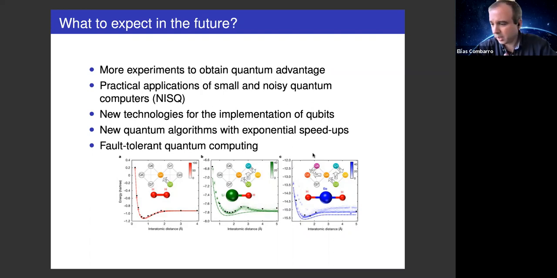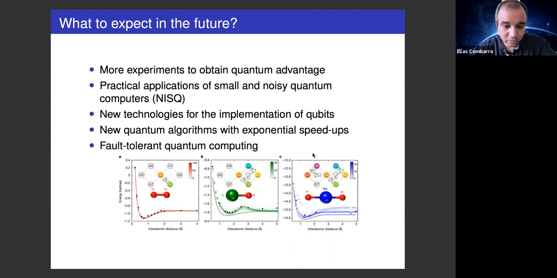Well, of course, what we need is first to obtain more evidence of the advantage of quantum computing, even in these particularly interesting tasks, but at least to show that quantum computing can be faster than classical computing in some tasks. Also, we need to explore more this possibility of practical applications with the quantum hardware that we have today.